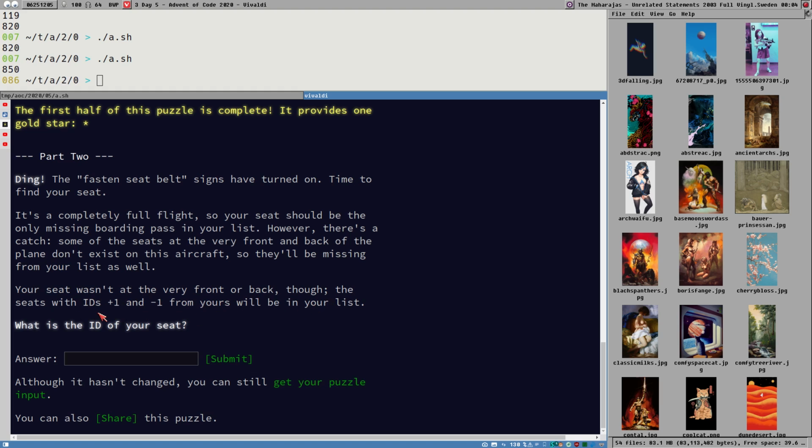The seats with IDs +1 and -1 from yours will be in your list. What is the ID of your seat?